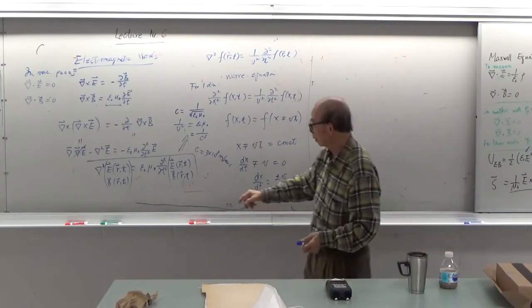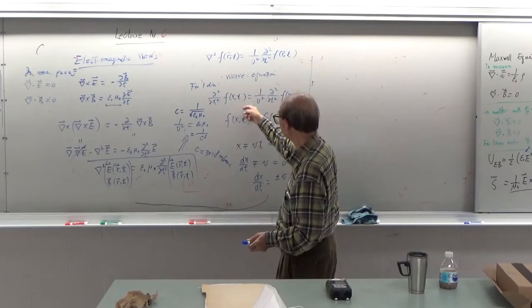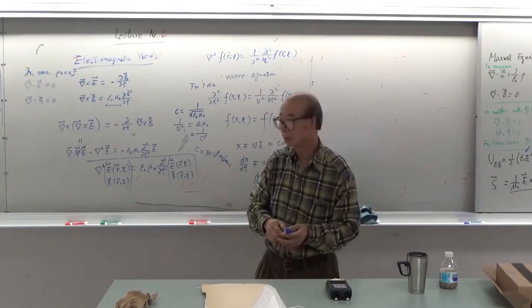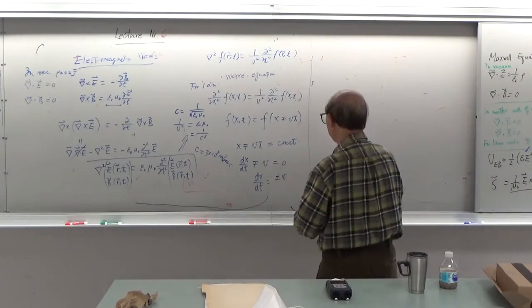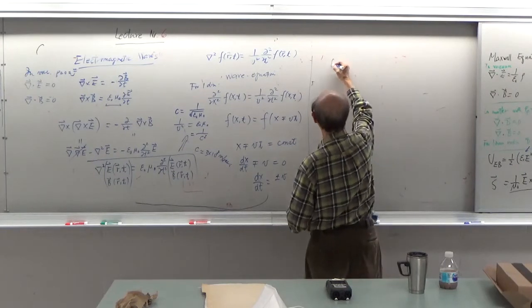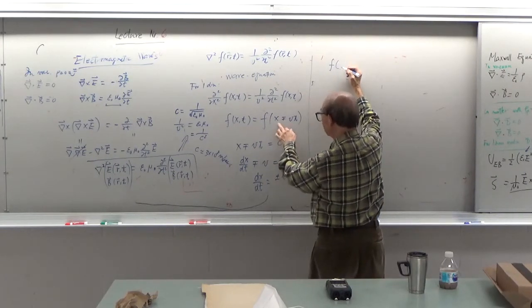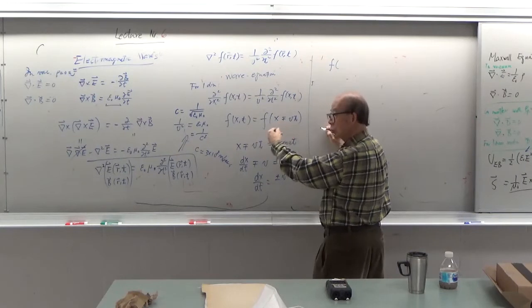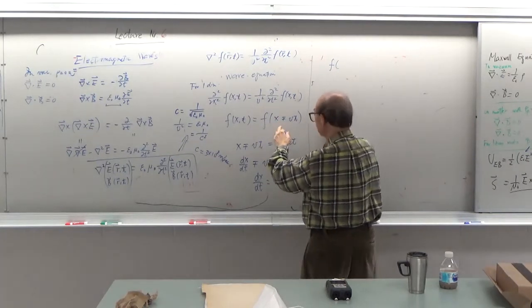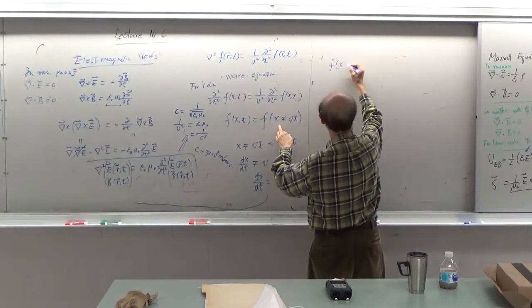Let's go back to the wave equation here in one dimension. Let me talk about the case for propagation towards the positive x direction, so it's f of x plus vt.